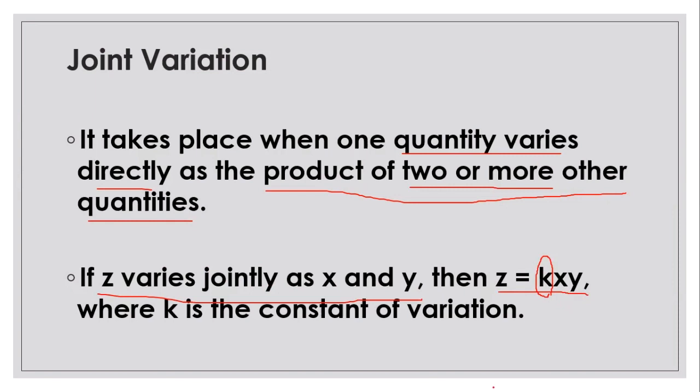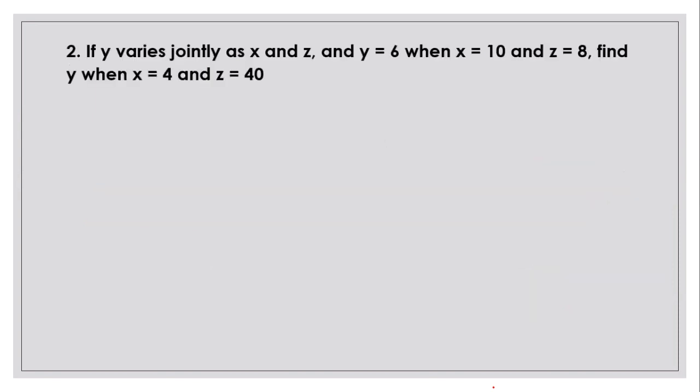Okay, let us proceed to our example regarding joint variation. Step number 1: if y varies jointly as x and z, then y is equal to kxz.